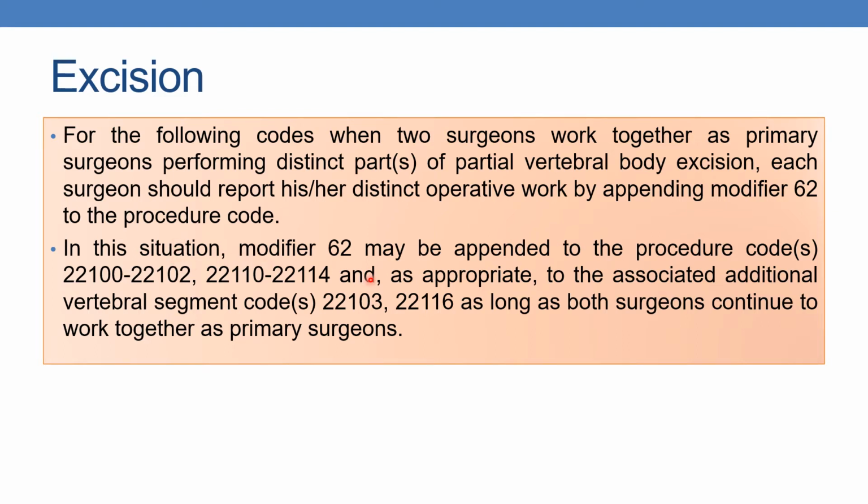In this situation, modifier 62 may be appended to procedure codes 22110, 22112, 22114, and as appropriate to associated additional vertebral segment codes 22103 to 22116, as long as both surgeons continue to work together as primary surgeons.